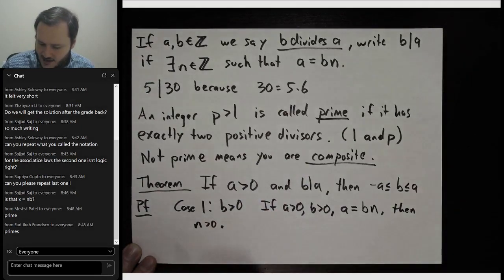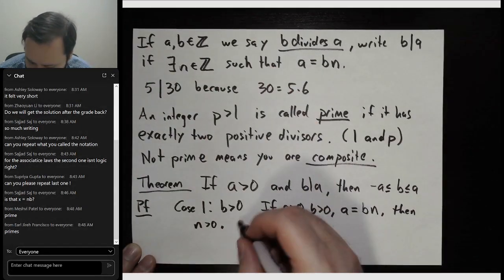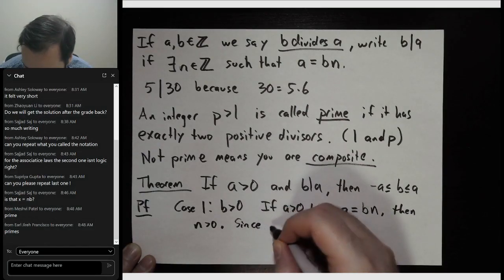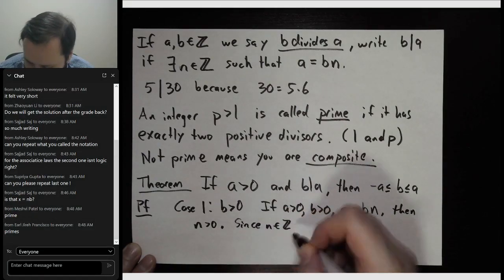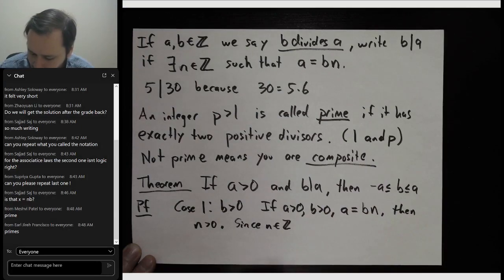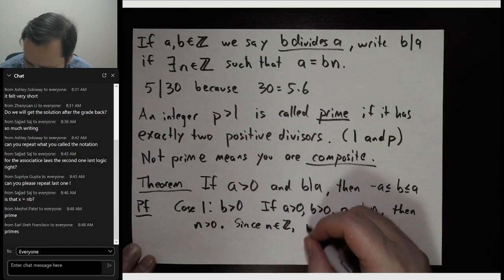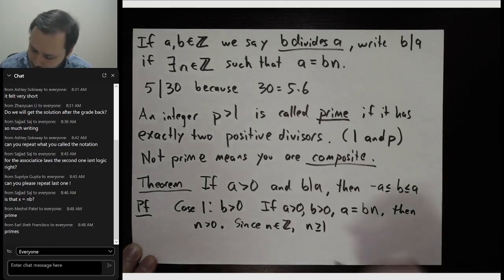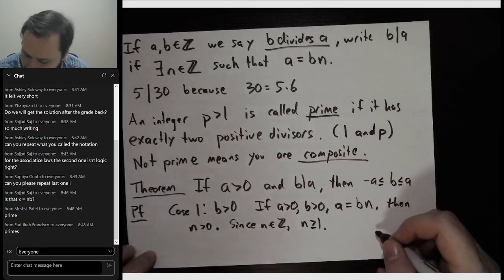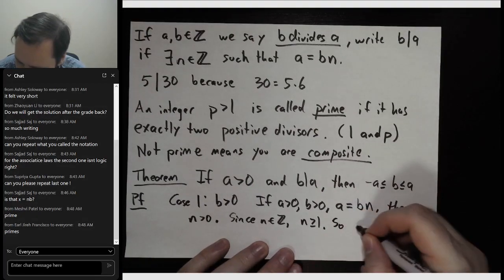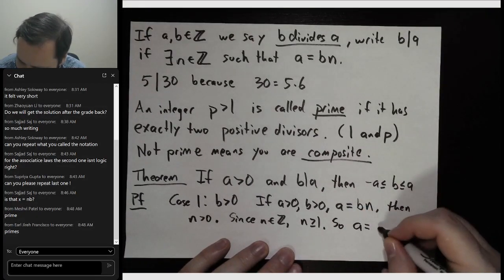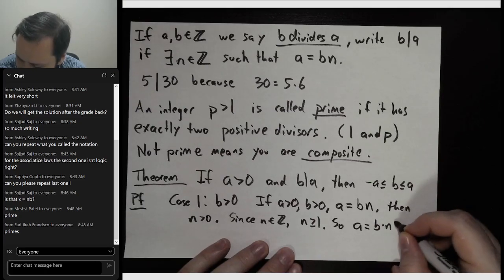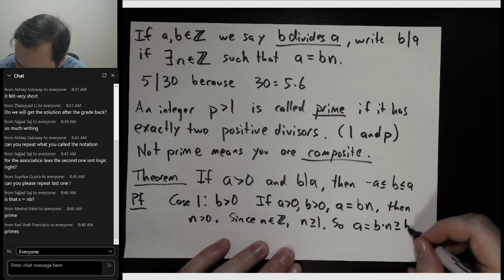And since n has to be an integer, if you're bigger than 0 and you're an integer, n has to be greater than or equal to 1. But this means that a is equal to b times n, which is greater than or equal to b times 1.